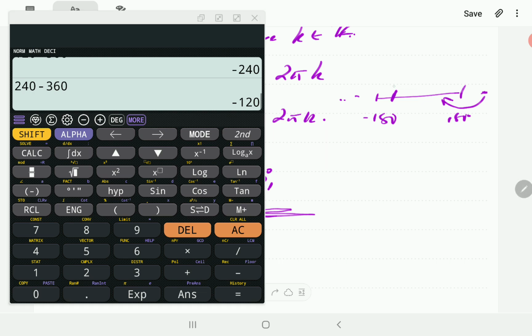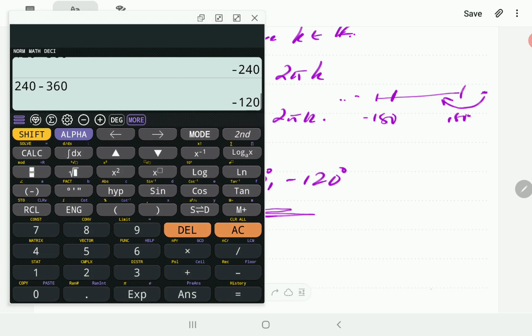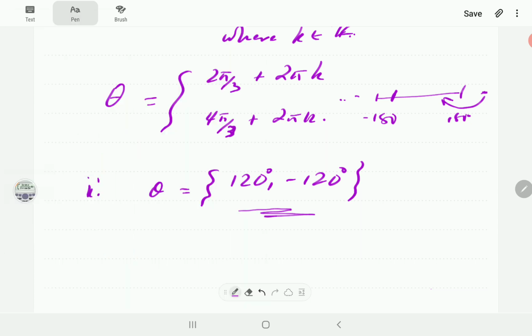Negative 120 is going to be somewhere here, so negative 120 is fine. And then if we subtract another 360, that gives negative 480, which is now outside. So that means our two angles that fall in that interval are 120 and negative 120. In radians, this is just going to be 2 pi over 3 and negative 2 pi over 3.